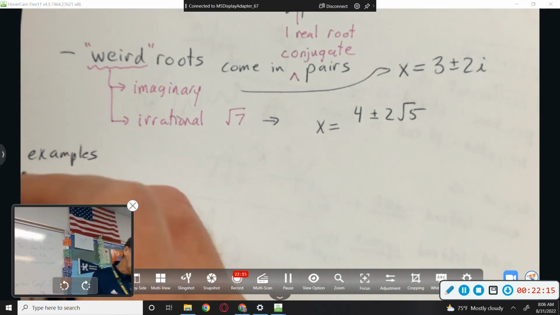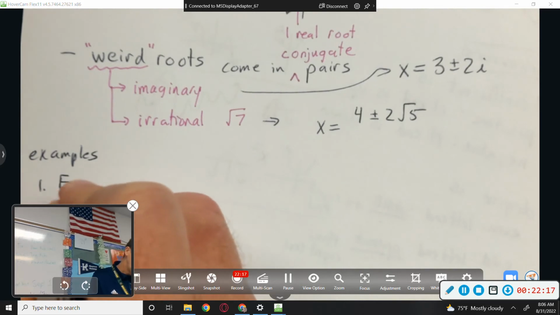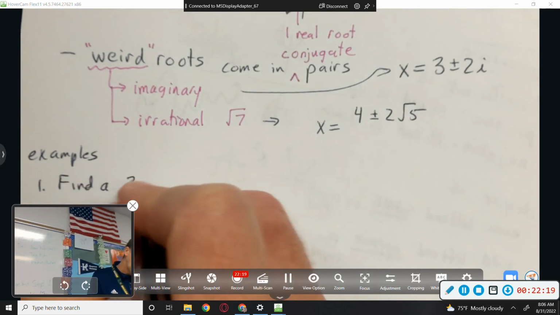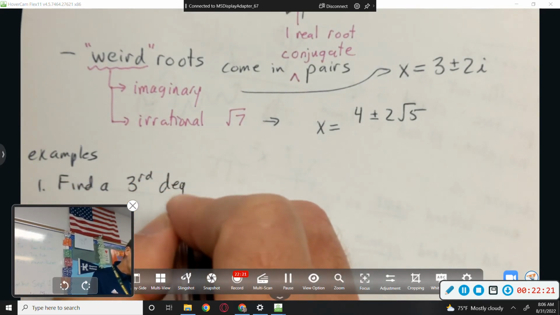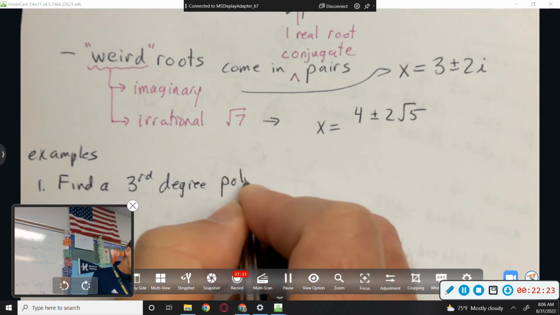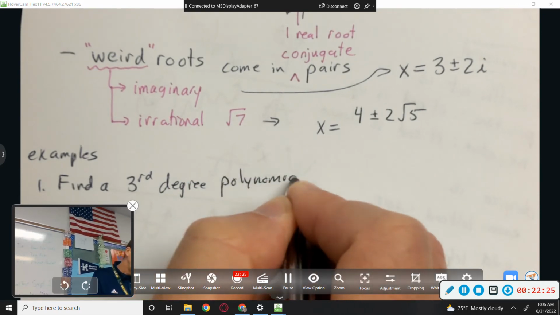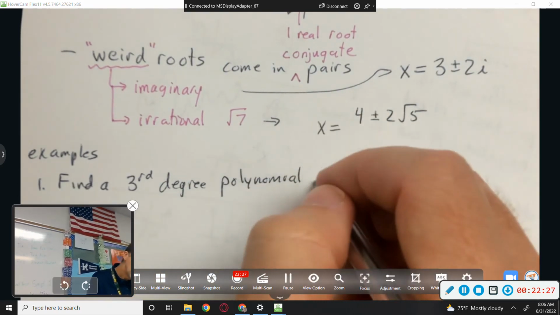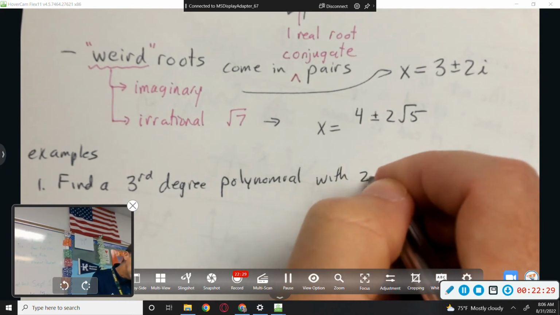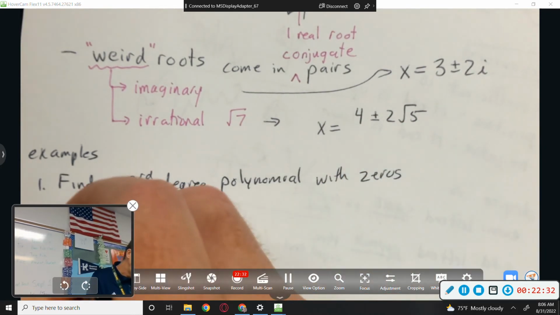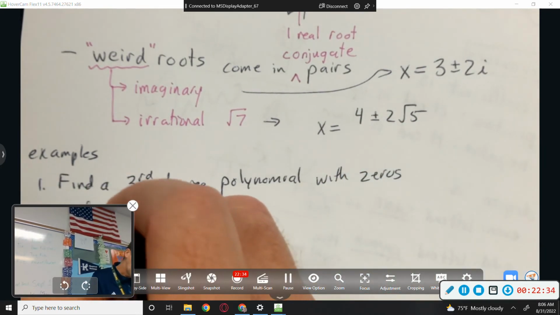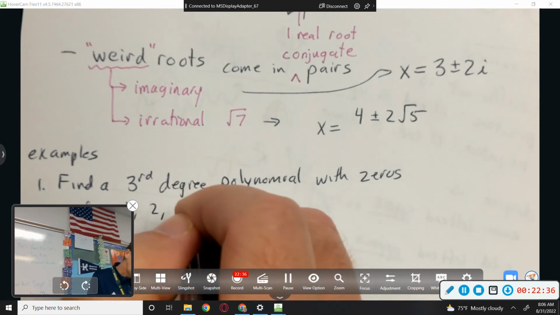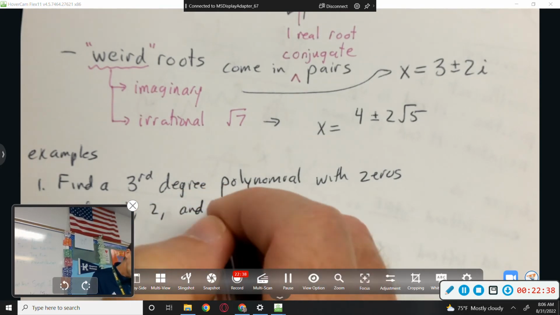All right, some examples. Let's find a third degree polynomial with zeros of -1, 2, and 3.